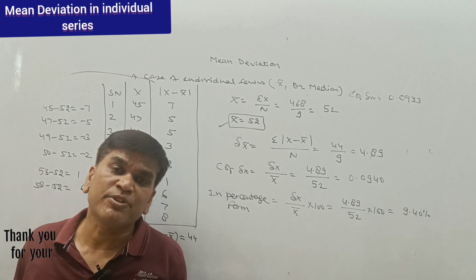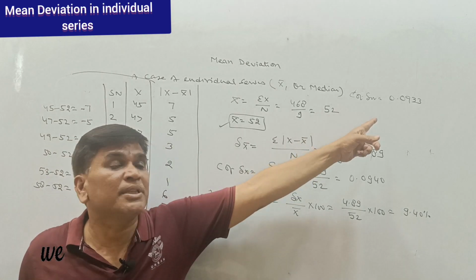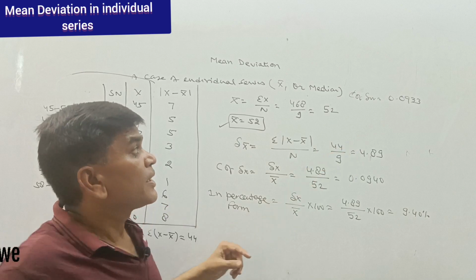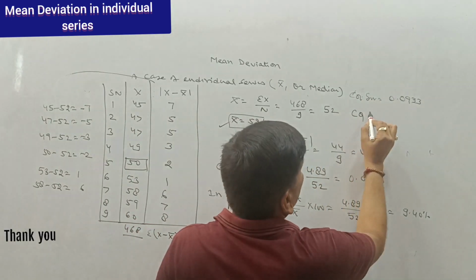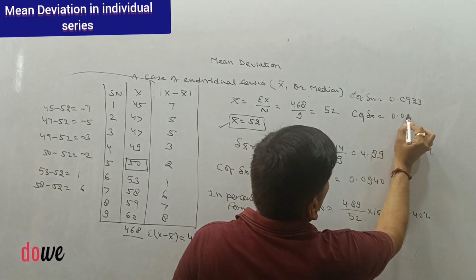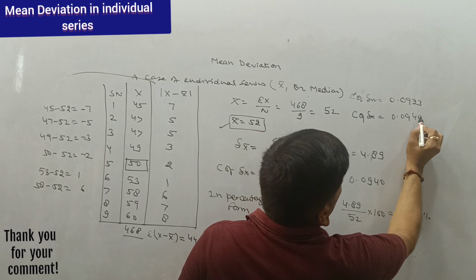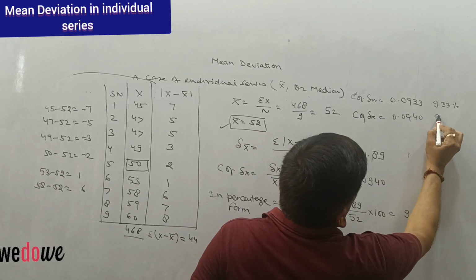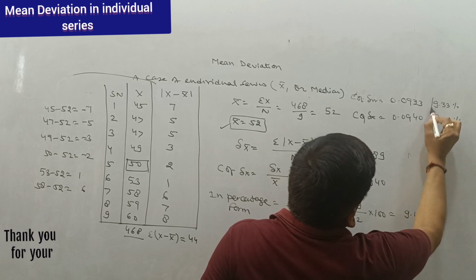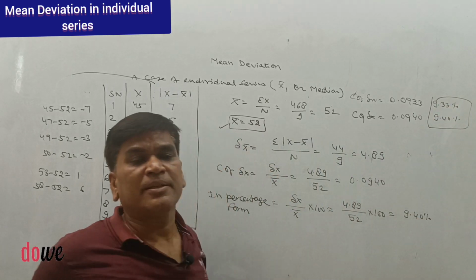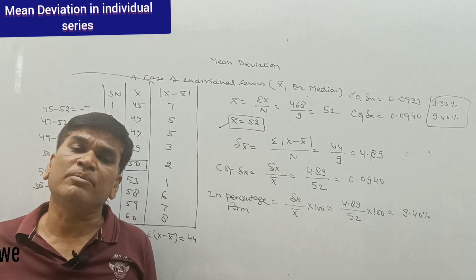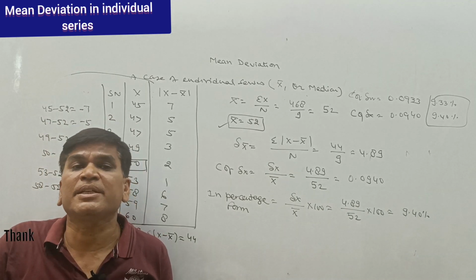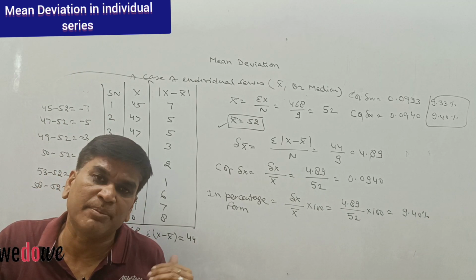We have taken the mean deviation from the median, the coefficient is 0.0933, and from the arithmetic mean the coefficient is 0.0940, or in percentage 9.33% or 9.40%. So we can say that we are having a greater mean deviation from the arithmetic mean than from the median.